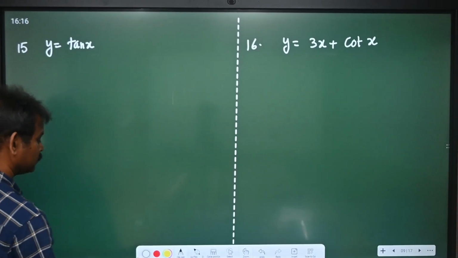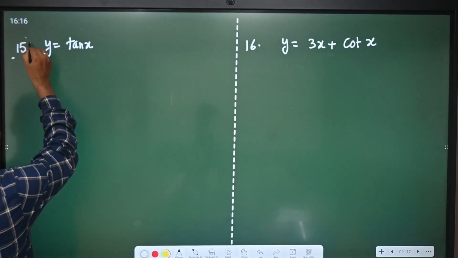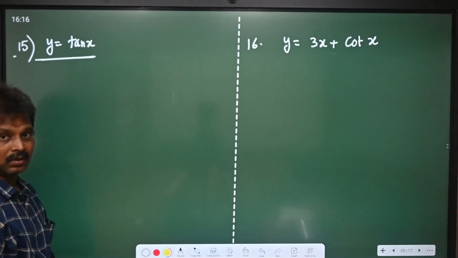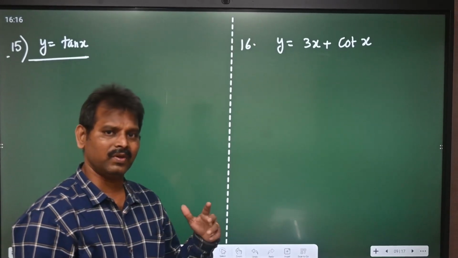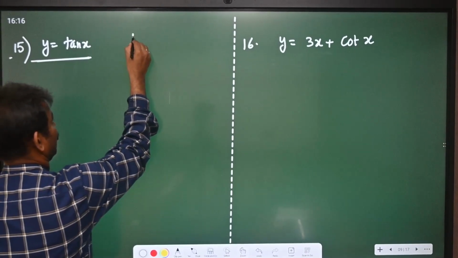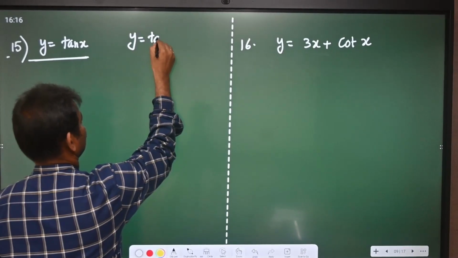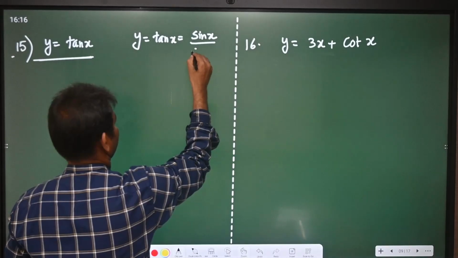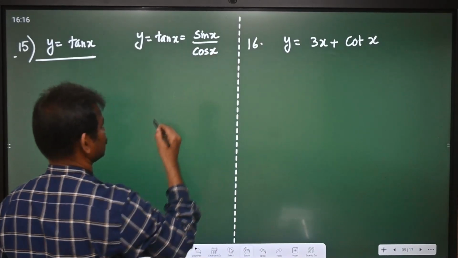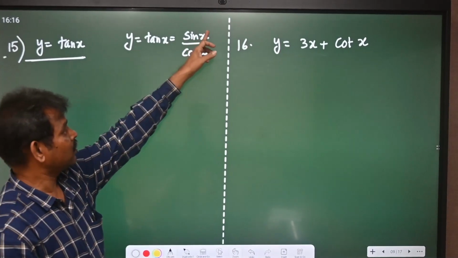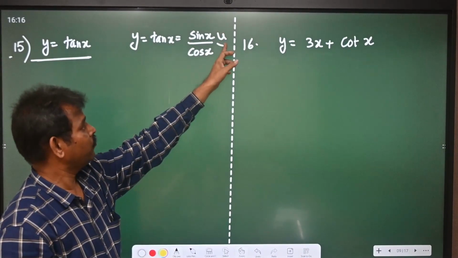15th one. They have given y is equal to tan x and we want to find the derivative of tan x. Directly we can write the answer, but here we will use the concept that we studied in 10th class. Tan x can be written as sin x by cos x. Now the given problem is converted into u by v form.